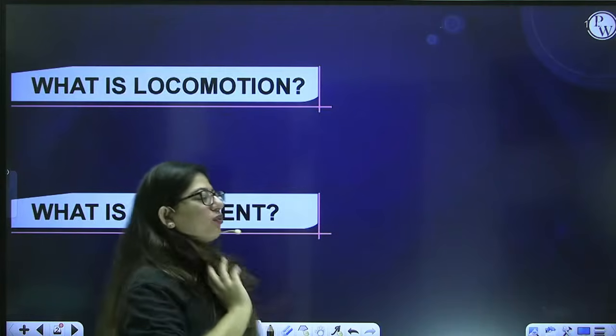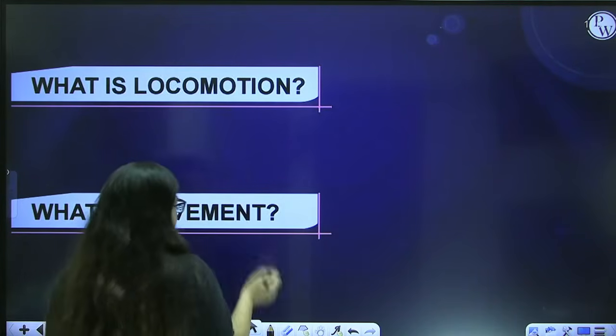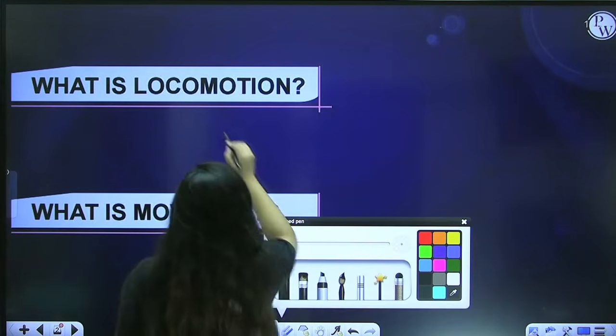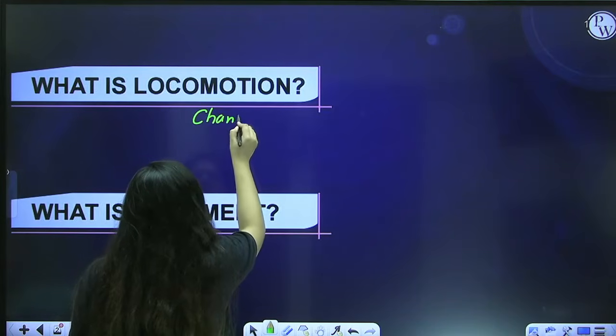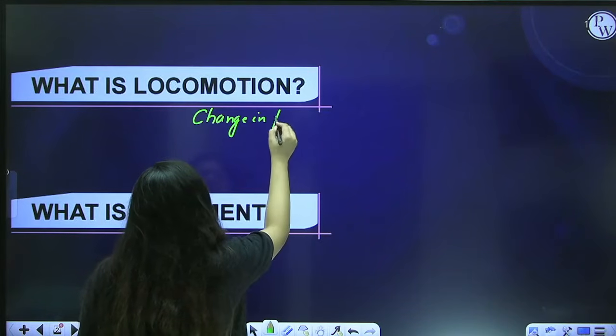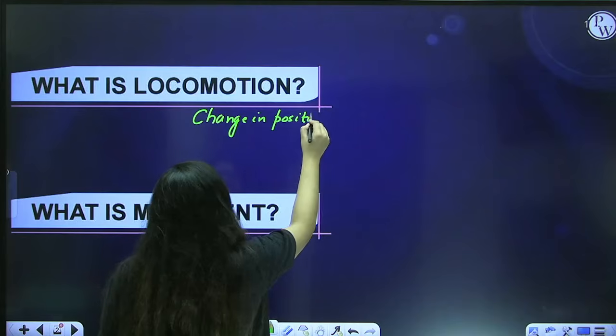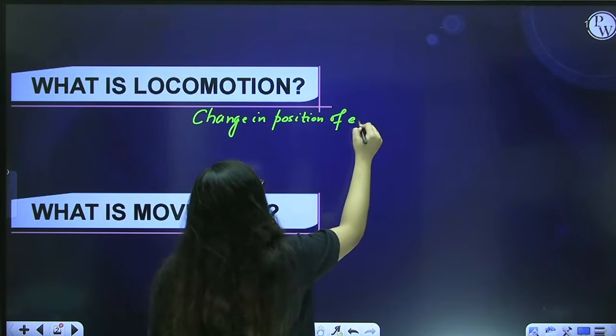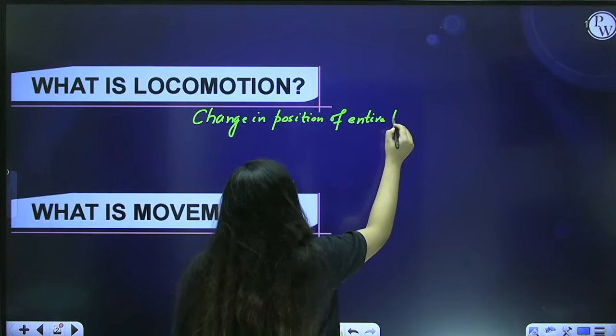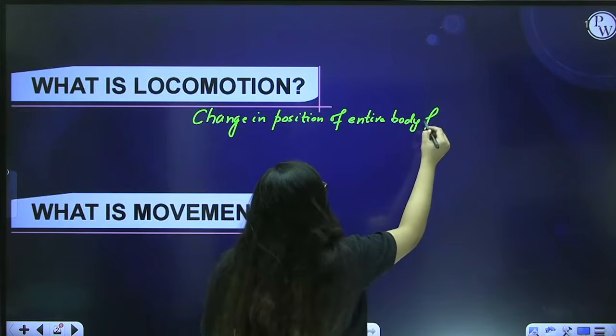So we say that locomotion is the change in position of the entire body from one place to another.